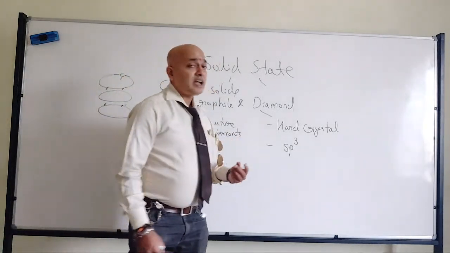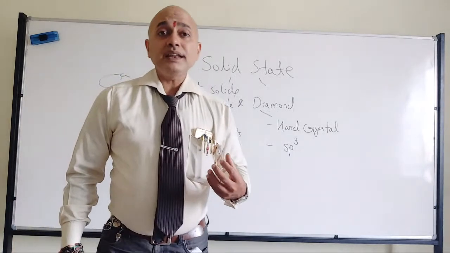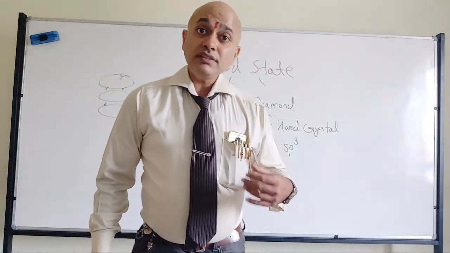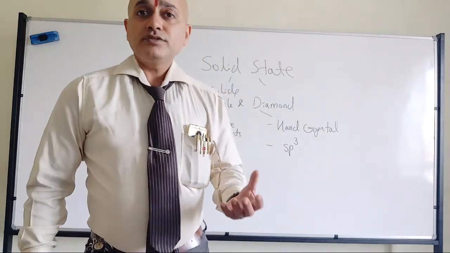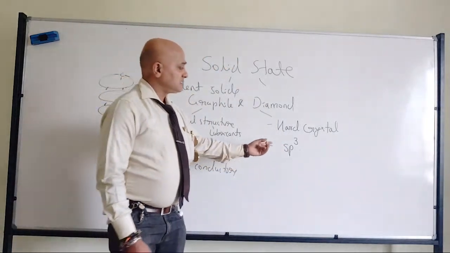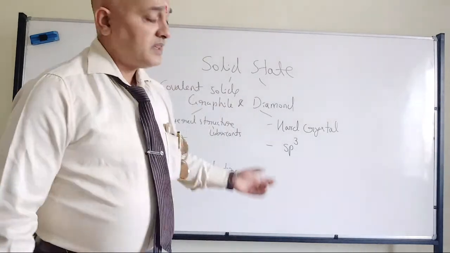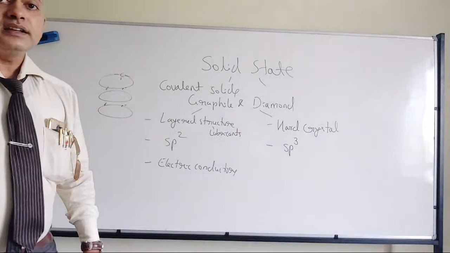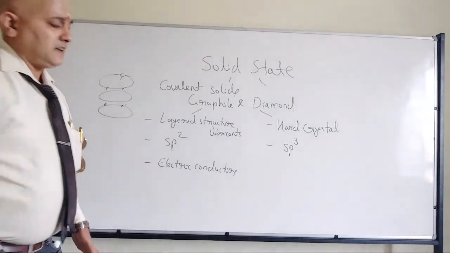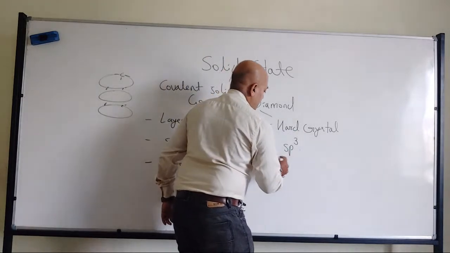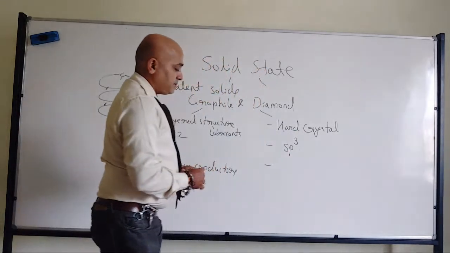But in diamond, with sp3 hybridization, each carbon is interacting with another carbon. There is no other element, it's only carbon. So diamond is the hardest material, forming a hard crystal with sp3 hybridization.